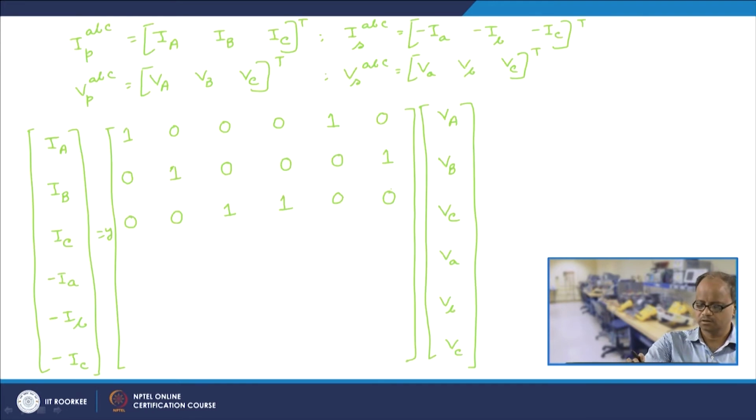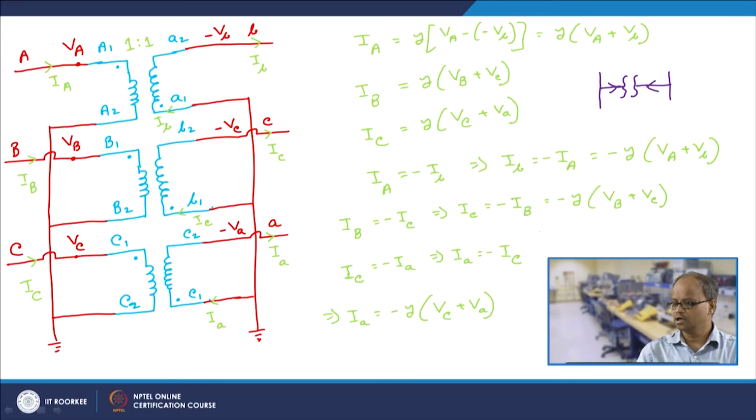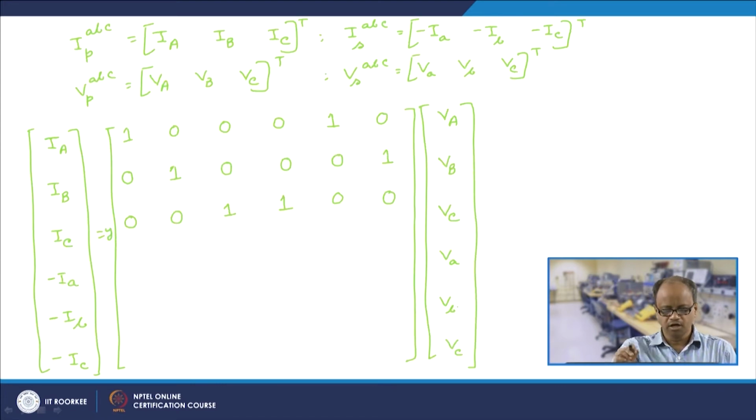Minus Ia is y into Vc plus Va. So, minus Ia is equal to 0, 0, 1, 1, 0, 0.